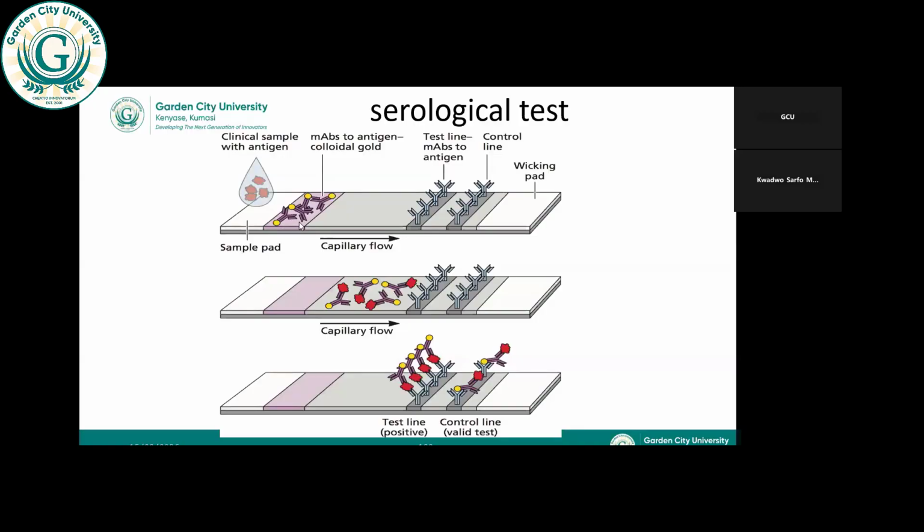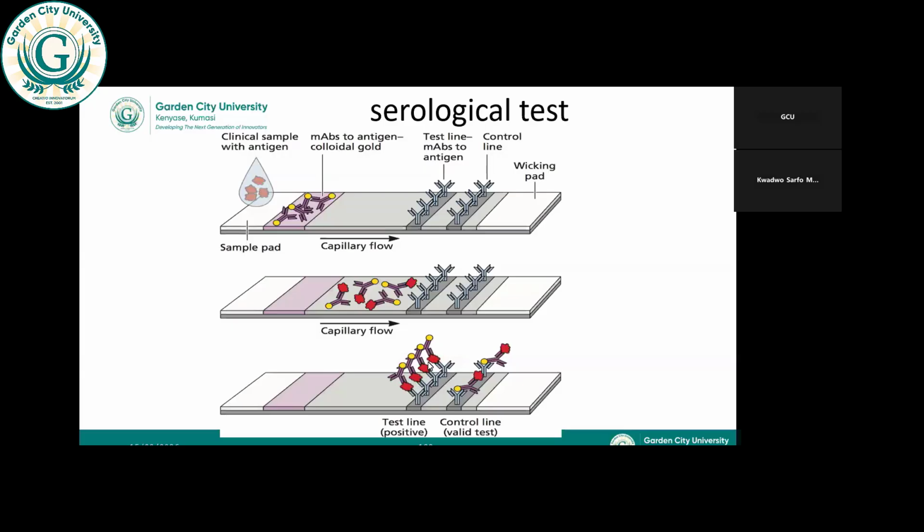They can move by capillary reaction through the cassettes and then come to bind to... will be presented to the specific anti-immunoglobulins for binding. That's why you are seeing the red here.